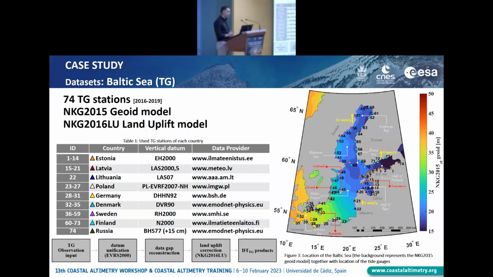To start, the data set, we had 47 tide gauge stations along the Baltic Sea, which were provided by 9 countries, and these tide gauges have been reconstructed and corrected for the land uplift using the NKG 2016 land uplift model, and the geoid we used was the NKG 2015.